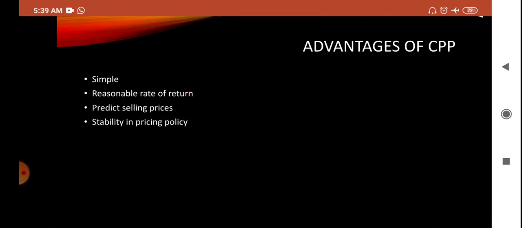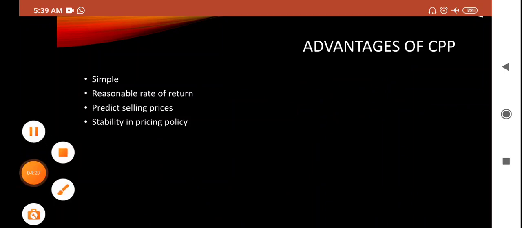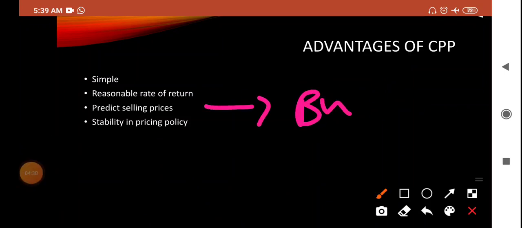Next is predict selling prices. So it helps the business firm to predict the selling prices of other competitive firms who have adopted a similar cost structure.